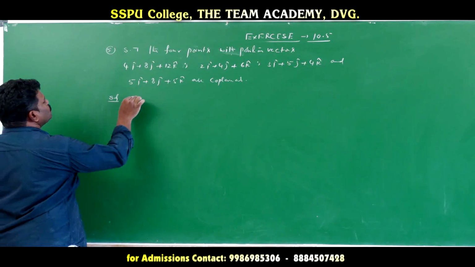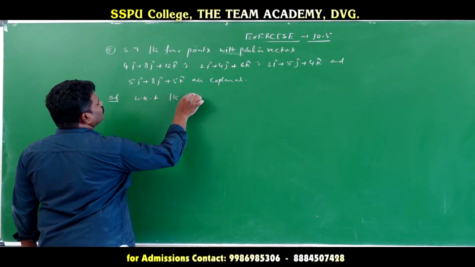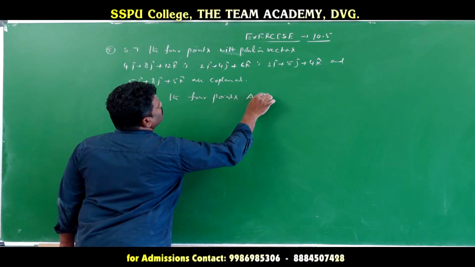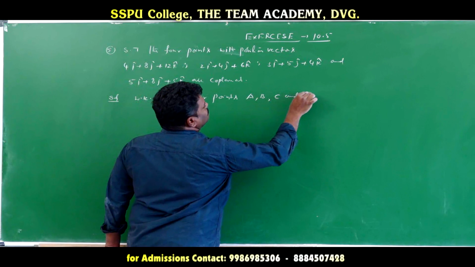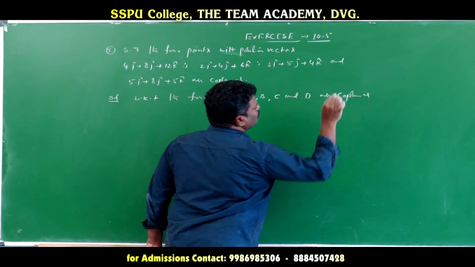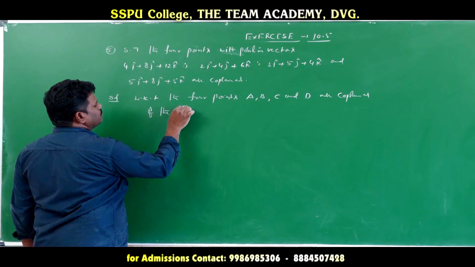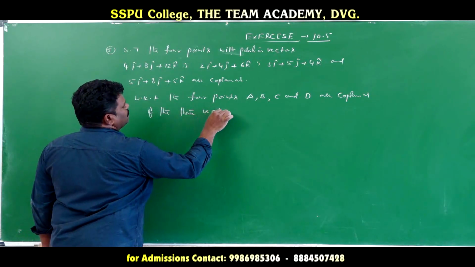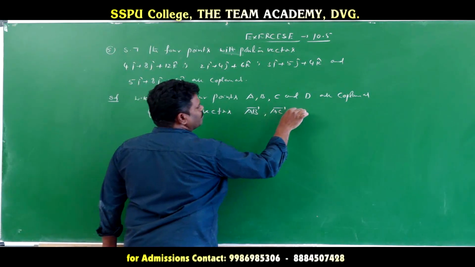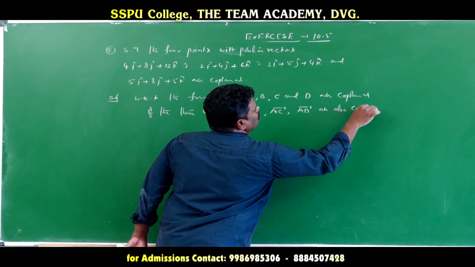So we know that the 4 points A, B, C and D are coplanar if the three vectors AB, AC, AD are also coplanar.